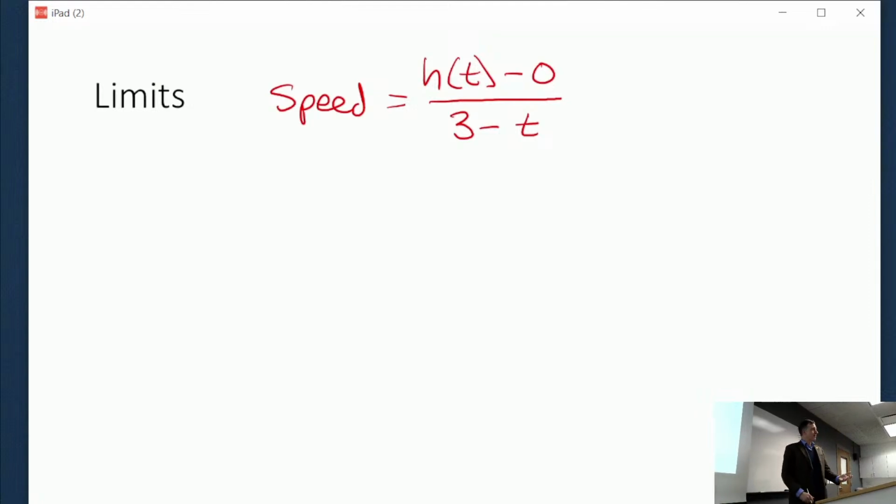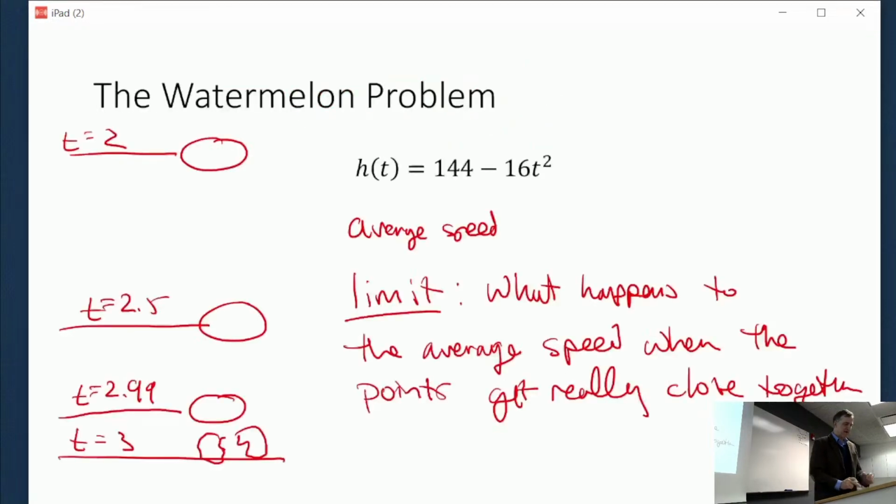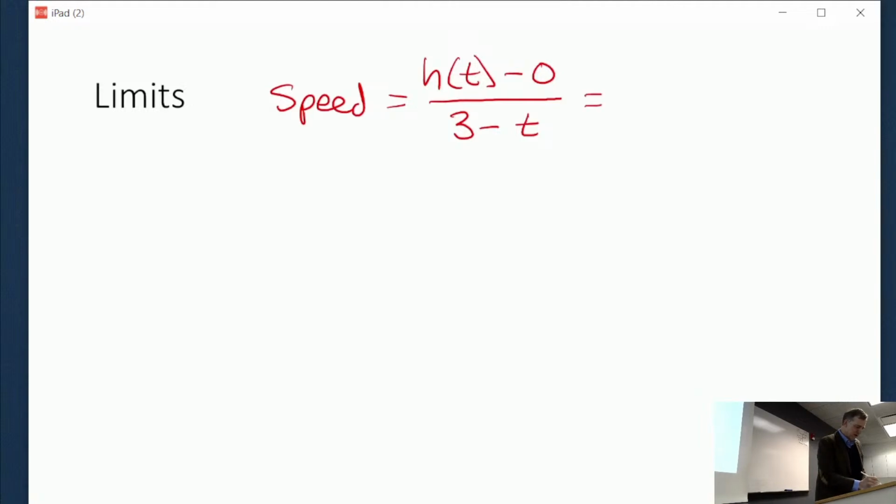The form I'm using is a little bit wonky, but it'll work for the purposes of this. Basically, I figure out how high the watermelon is above the ground, and then divide that by how much time there is left in its travel. Distance over time is speed, right? So that's going to be 144 minus t squared all over 3 minus t.